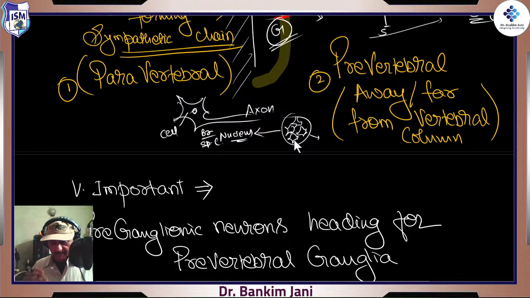If this meeting is happening in the brain or spinal cord, then we call it a nucleus. And if it is happening outside the brain or spinal cord, then we call it a ganglion, right? The collection of cell bodies.